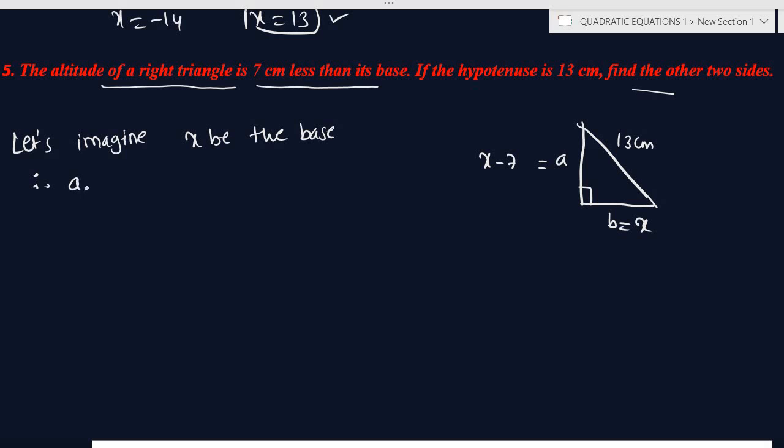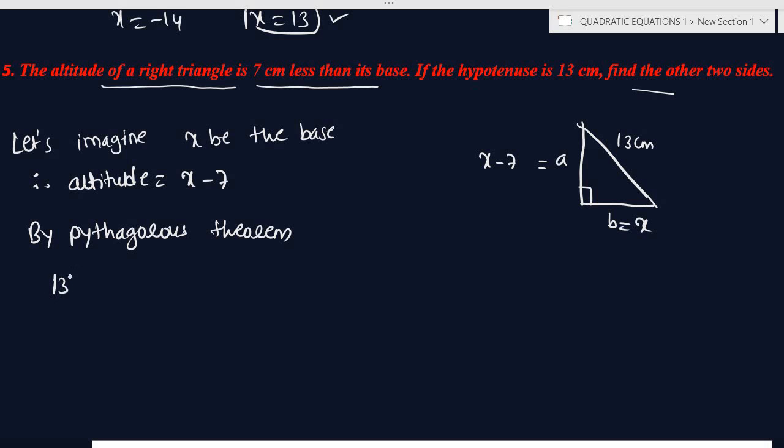Therefore altitude is equal to x minus 7. And by the Pythagoras theorem we can apply: 13 square is equal to x square plus (x minus 7) square.